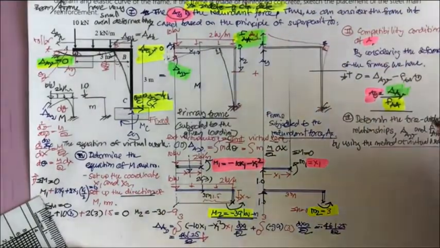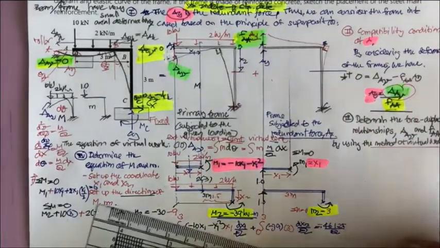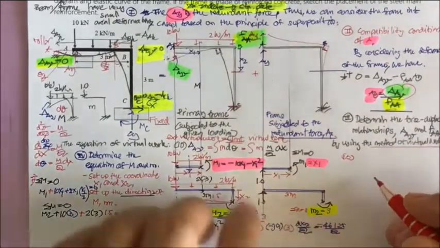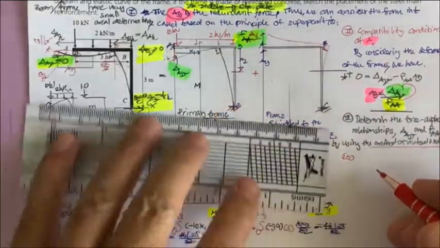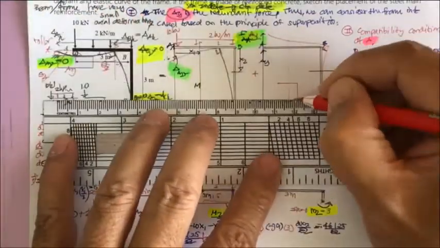Next, now we have this already. Next, f sub AA. Okay, the equation of virtual work is going to be 1.0. 1.0 is what? 1.0 is the force that acts on this frame.